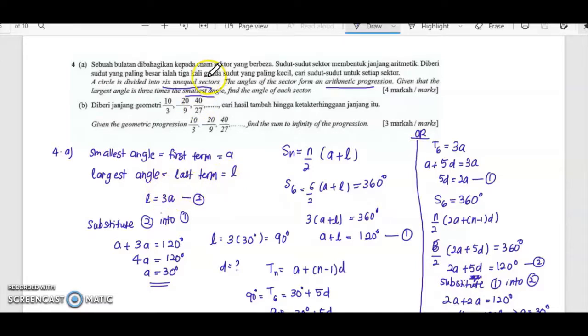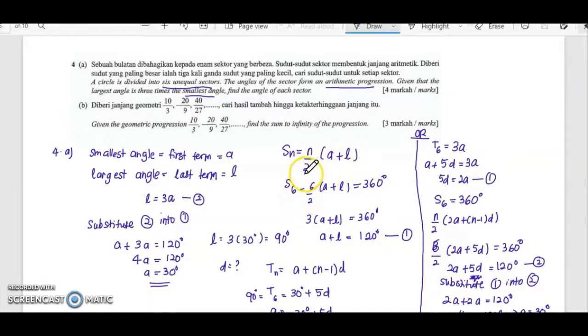So now we know that given the largest angle is 3 times the smallest angle, so L equal to 3A. Okay. So we know that there is another formula for the sum of arithmetic progression if we have the value for the smallest angle and the largest angle. That is Sn equal to n over 2 times A plus L. A is referred to the first term plus the last term.